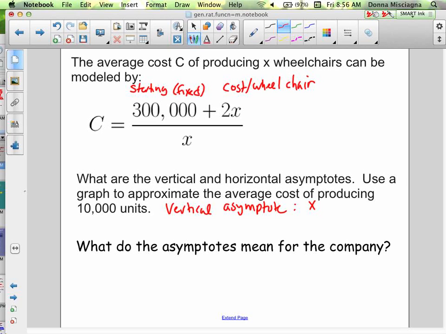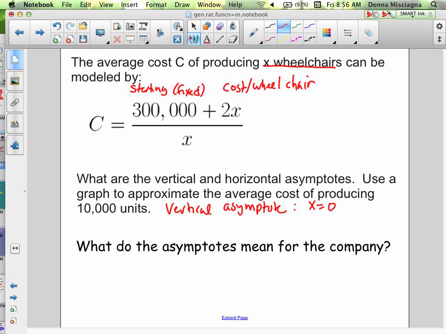What do you think that means for the company if there's a vertical asymptote at 0? What do you think that means for the company? X refers to the wheelchairs. What do you think the vertical asymptote of 0 means?